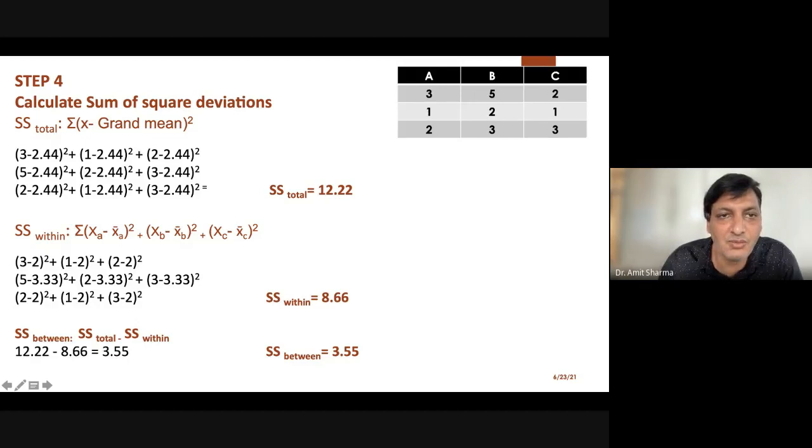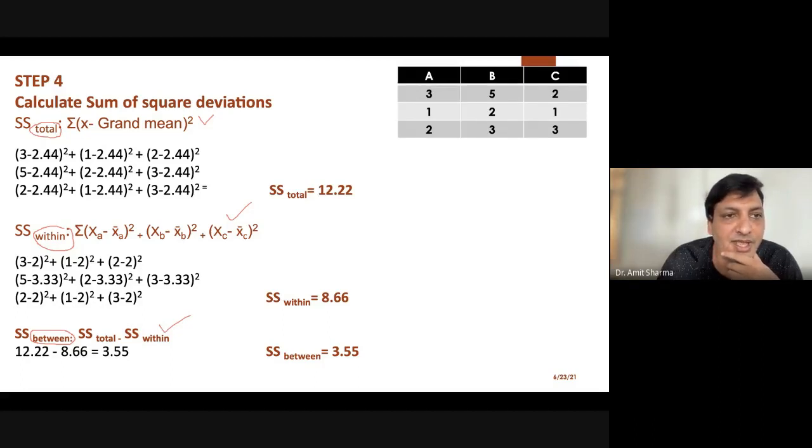Now see how the sum of squares is calculated. For total you have to calculate separately, for within you have to calculate separately, and for between you have to calculate separately, and each one is given with a particular formula. A separate formula is there for everything. So you have to remember these formulas if you want to do the numerical on your own.